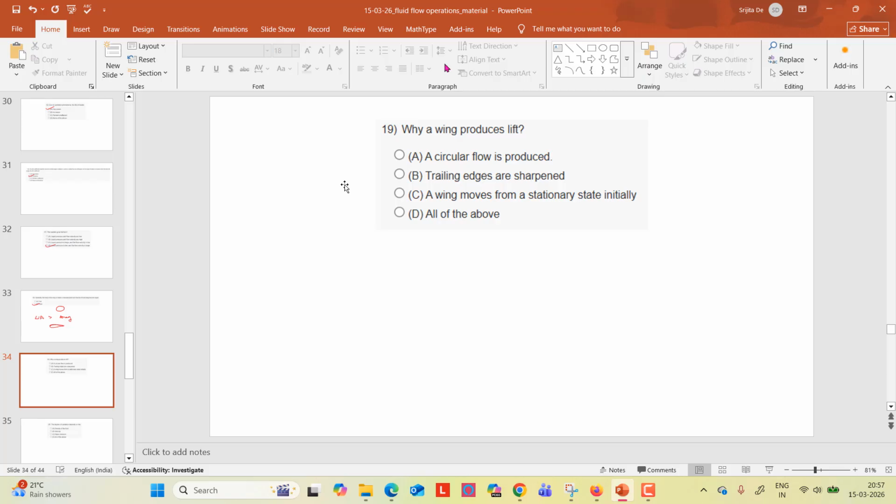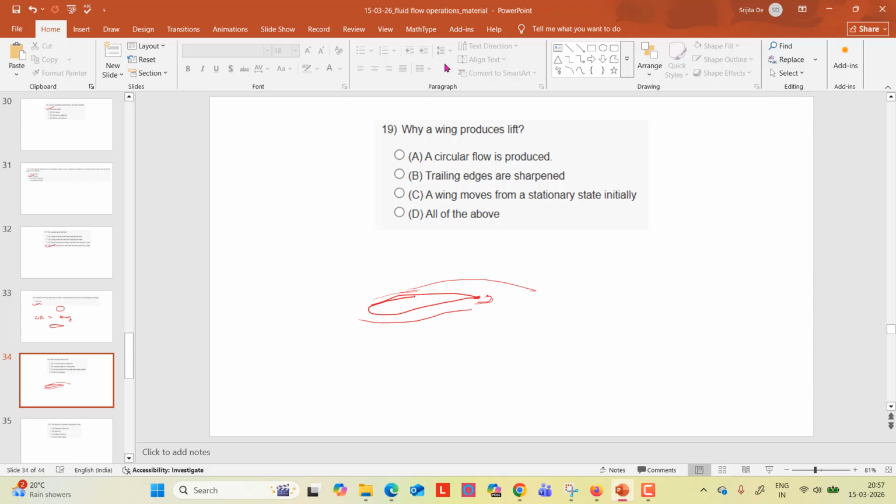Next, why does a wing produce lift? A circular flow is produced. Trailing edges are sharpened. So here you can see about the wing, that here a circular flow started because of this edge being sharpened in this region.